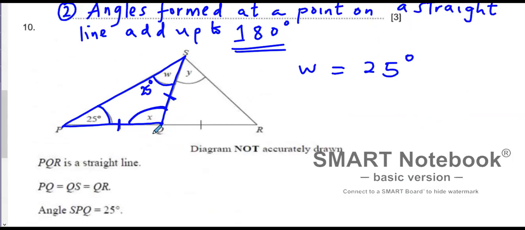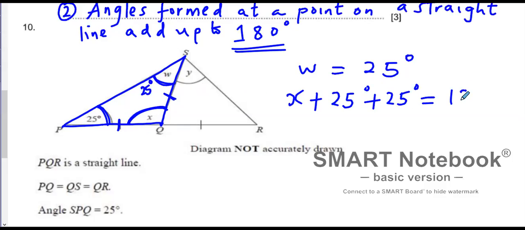Now, how do we do that? It is known that angles in a triangle add up to 180 degrees. So this will mean X plus 25 degrees plus again 25 degrees gives you 180 degrees.